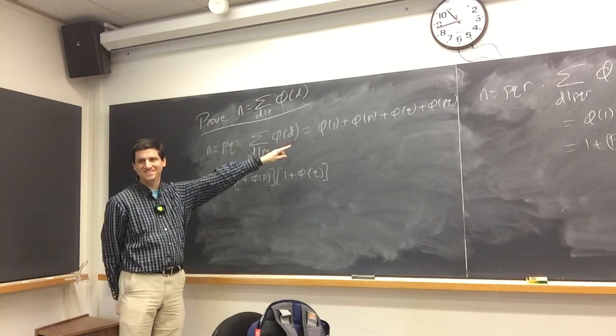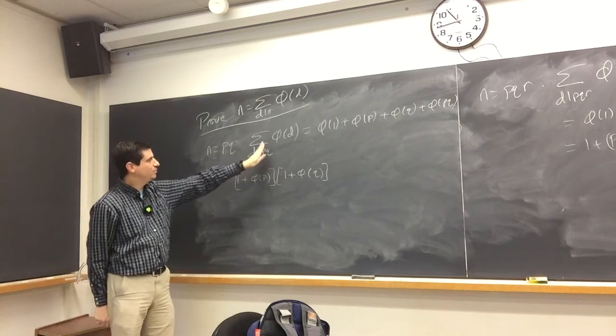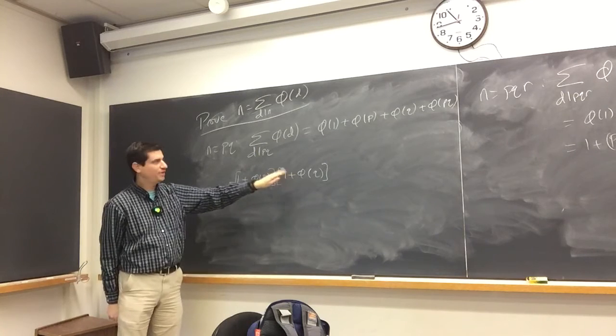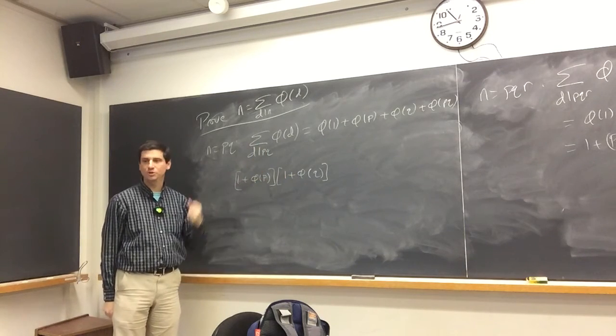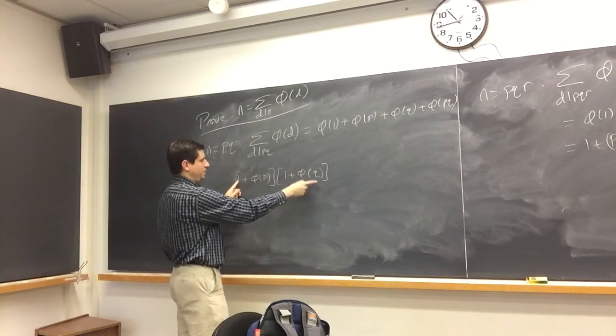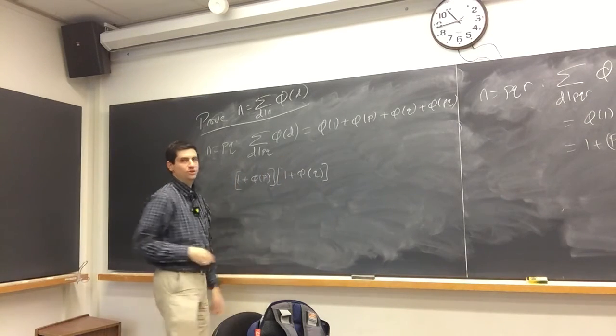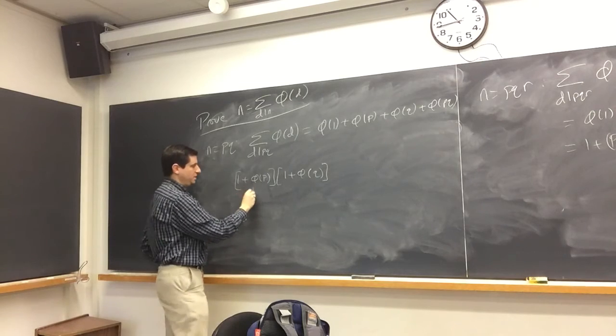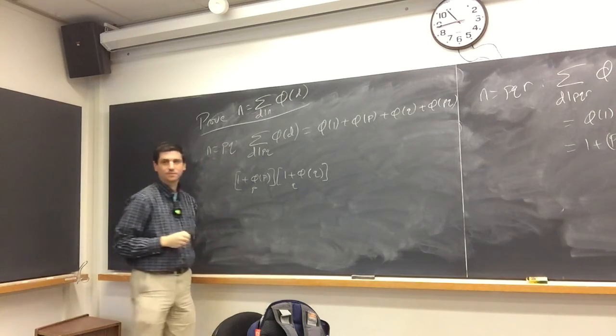This is what we would have had if we just had p. This is what we would have had if we had q. Let's just put them together and multiply. If you multiply them out, 1, phi of p, phi of q, phi of pq. And this is just p, this is just q.